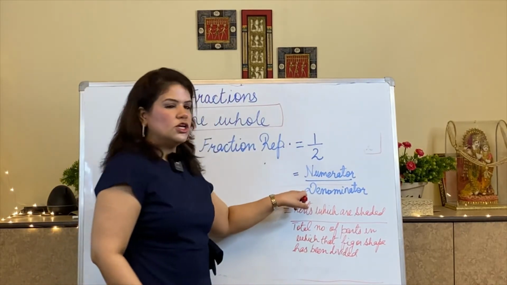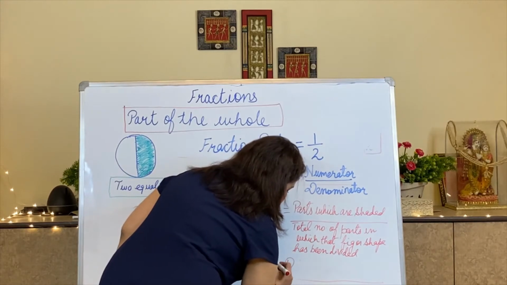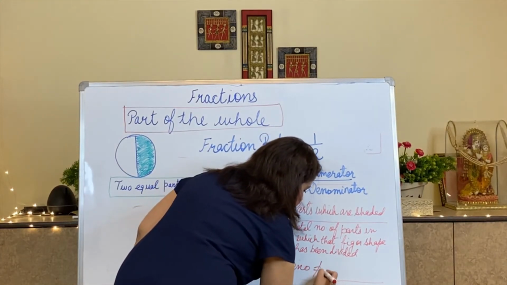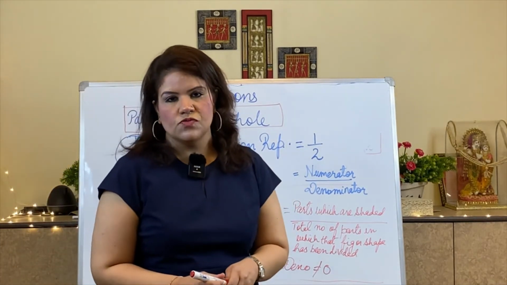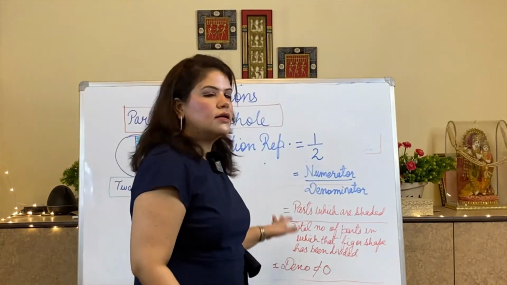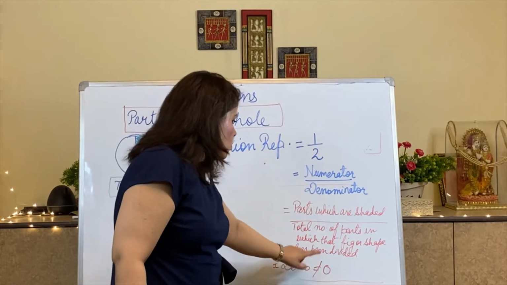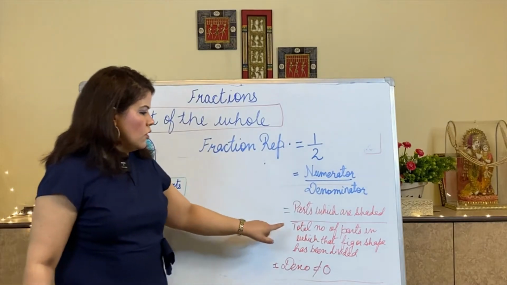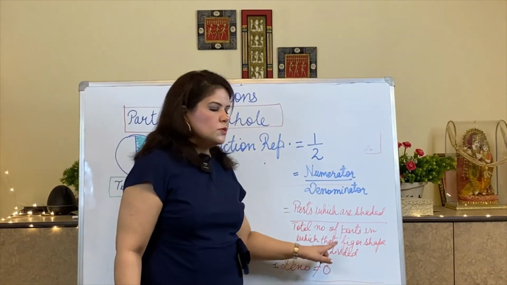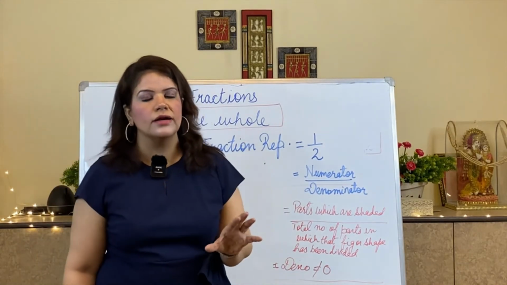Denominator can't be 0, and they both are natural numbers. We can't take negative numbers. We can't take them as zeros. Parts which are shaded divided by total number of parts in which that figure or shape has been divided will tell you the fractional representation of that figure.